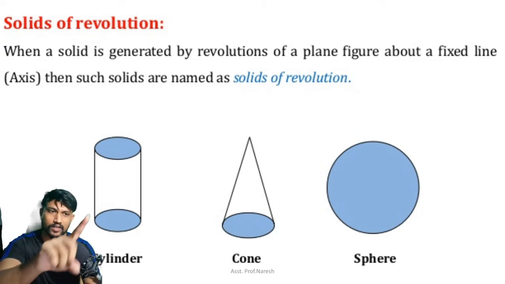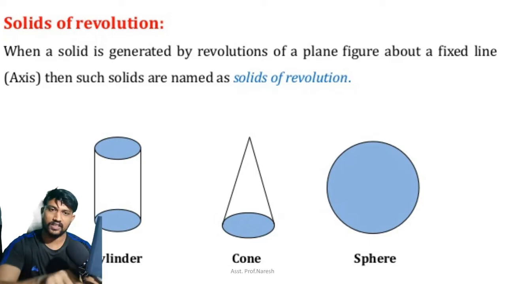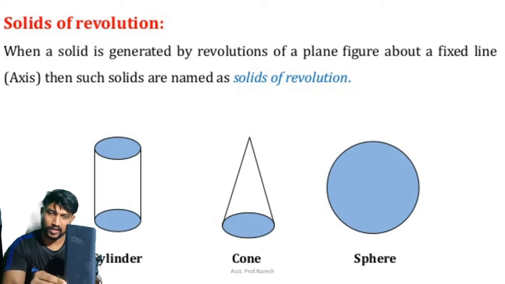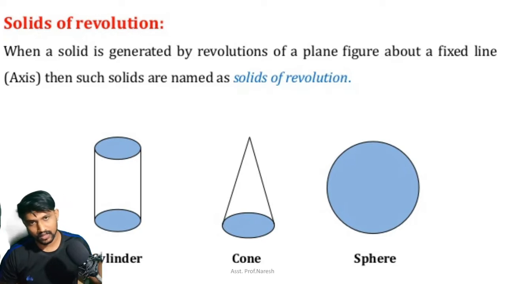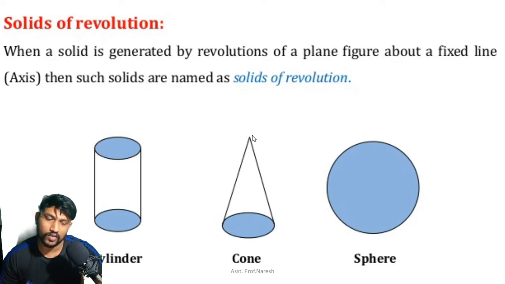If you consider this particular edge here as an axis, and you rotate this rectangle about this edge, then what happens? You will be able to generate a cylinder, right? Similarly, if you take a triangle, you will be able to generate a cone. Don't worry, I'll show that in AutoCAD. And similarly, if you take a semicircle and rotate it about a certain axis, you will be able to generate a sphere.